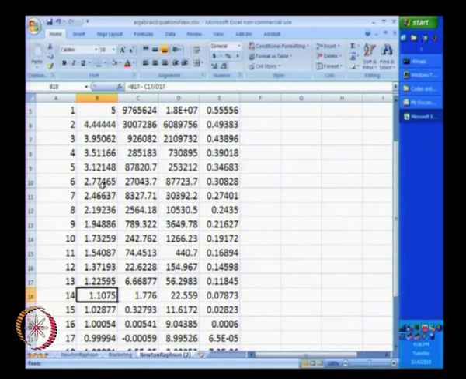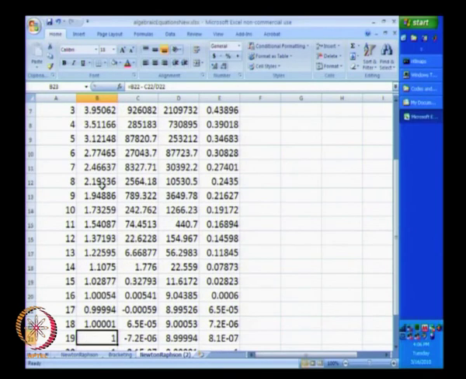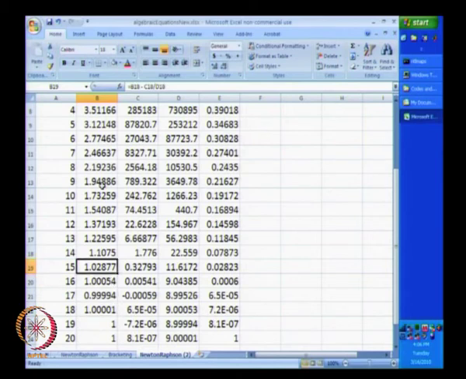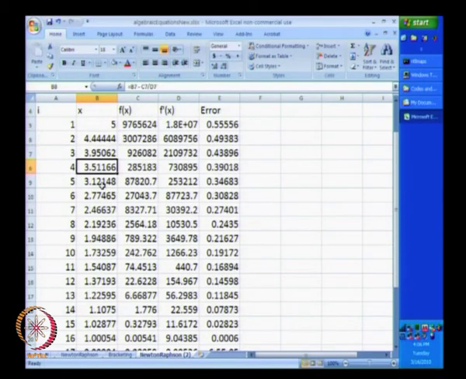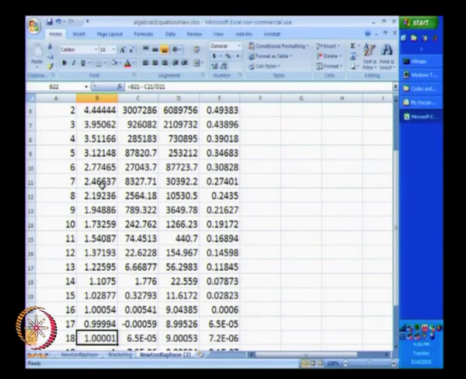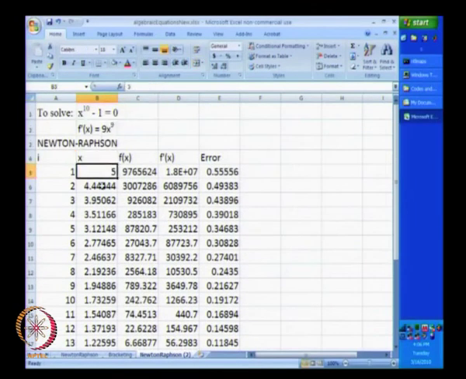Once the Newton-Raphson method comes fairly close to the solution, let us say at 1.02 or something like that, then we find that there is a sudden increase in the rate of convergence of the Newton-Raphson method. So initially the Newton-Raphson method is converging fairly slowly, but when it comes very close to the actual solution, at that time the convergence is going to be rapid.